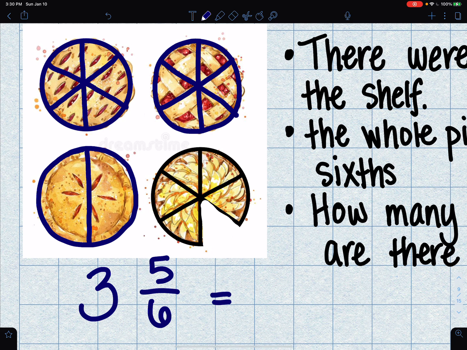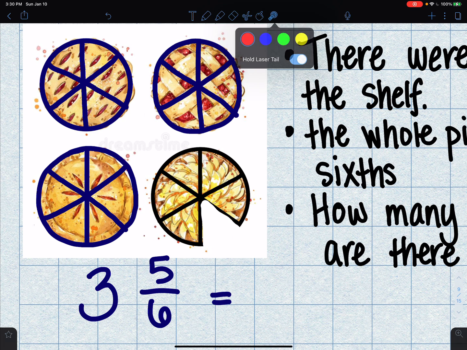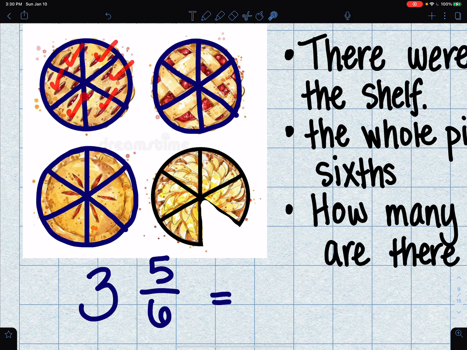Okay, a line down the middle and then make an X. So how many pieces of pie do we have all together? Okay, so let's count them. We have 1, 2, 3, 4, 5, 6, 7, 8, 9, 10, 11, 12, 13, 14, 15, 16, 17, 18, 19, 20, 21, 22, 23. So we have 23.